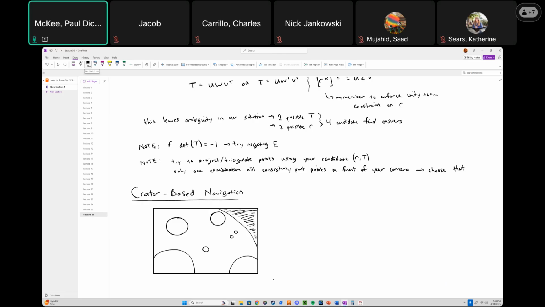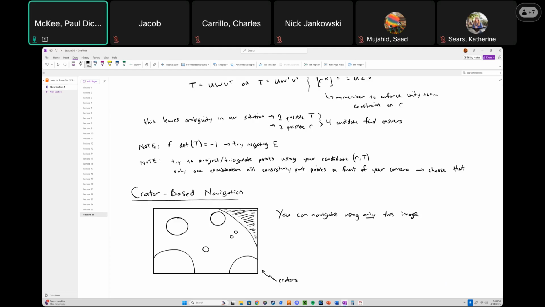Just to be clear, these are craters. You can navigate using only this image.